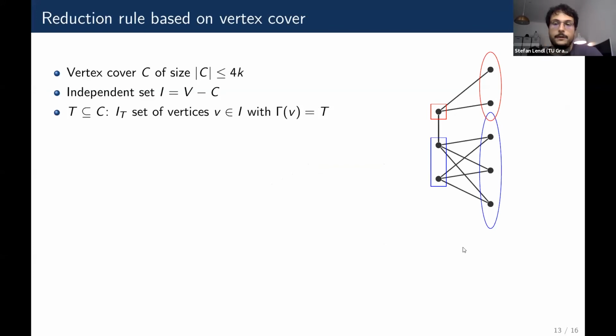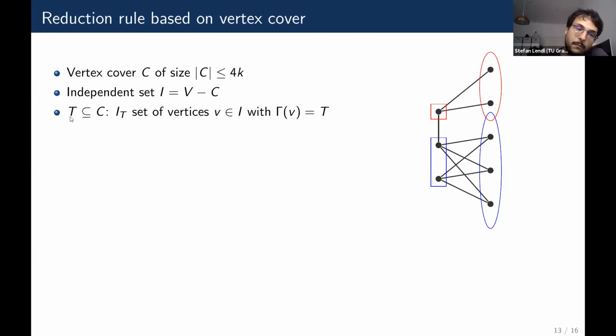So here's the intuition on how to get this FPT algorithm now. We know that the vertex cover number is bounded by our parameter. And now, since it's a vertex cover, as in the example here on the right side, if we look at the rest of the vertices after removing the vertex cover, we have an independent set. This is the vertices on the right side here. And now what we very often do when using vertex cover is we look at neighborhood diversity.